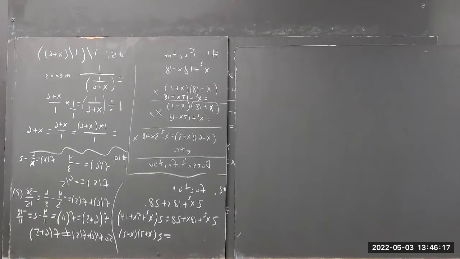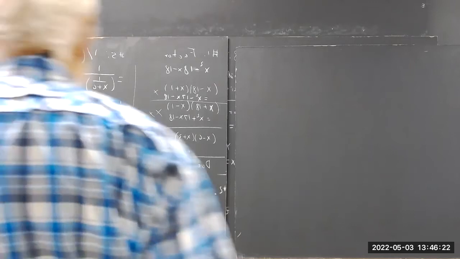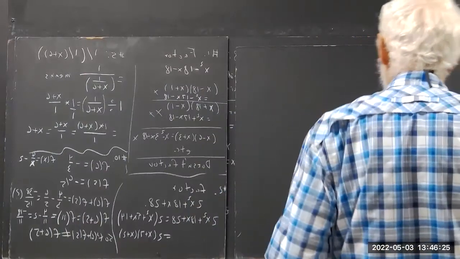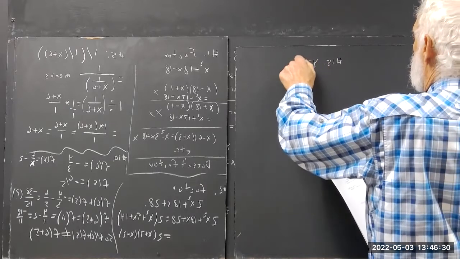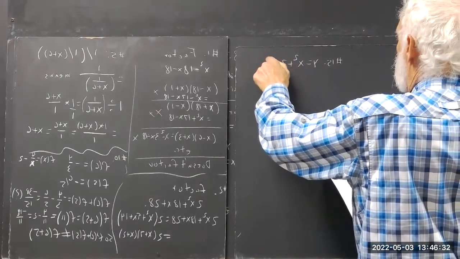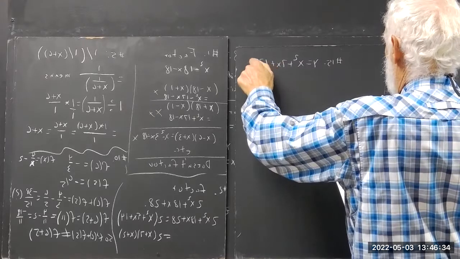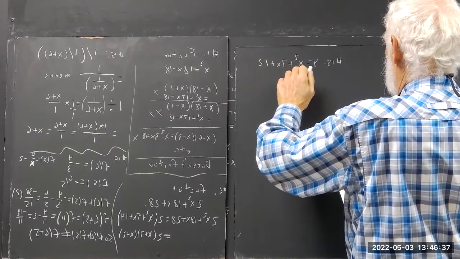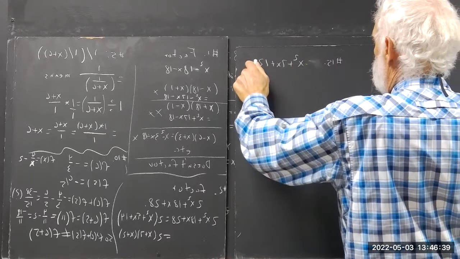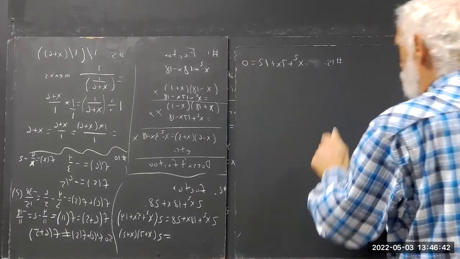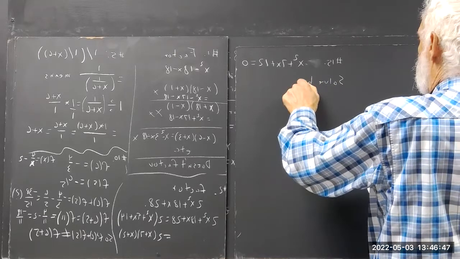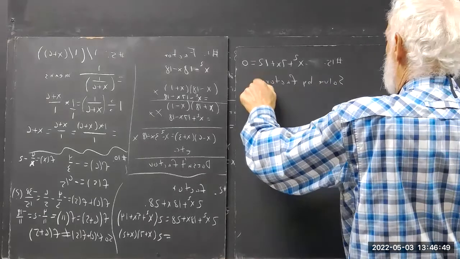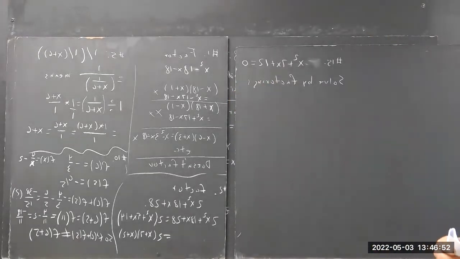Then 15. Goes back to our friendly... it's actually an equation. We want to solve that by factoring.